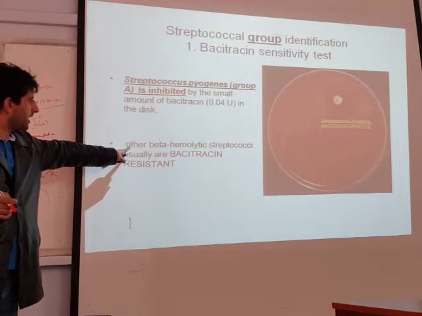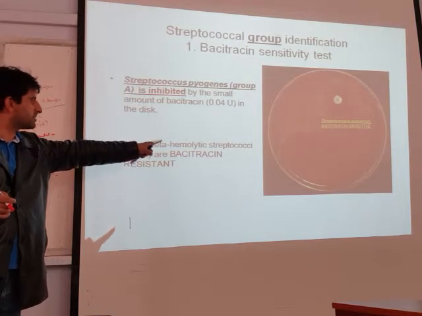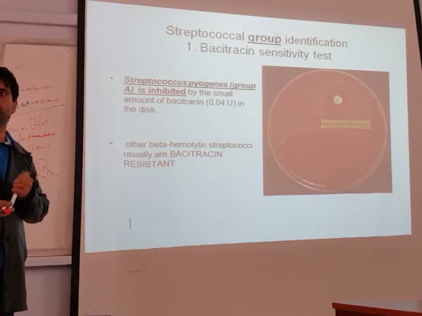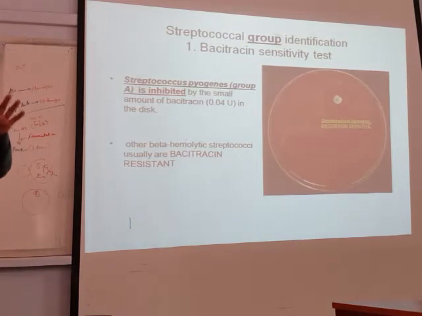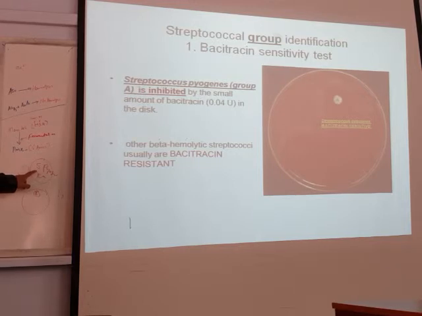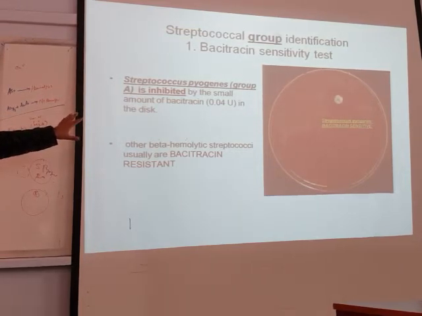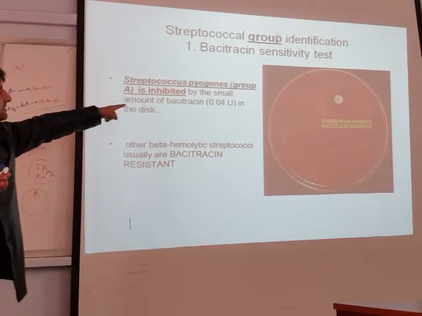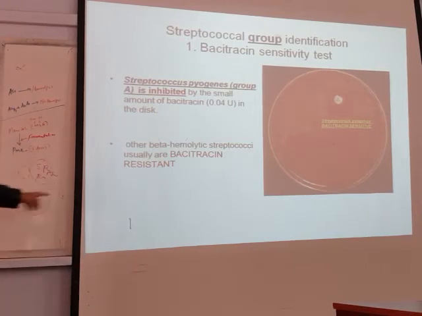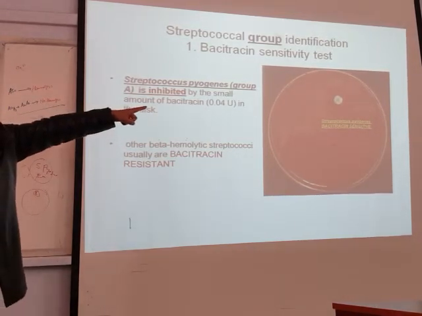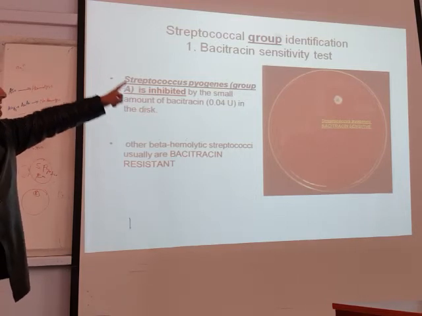Now this point is important. Other beta hemolytic streptococci are usually bacitracin resistant. Pyogenes shows beta hemolysis on a blood agar, which means complete destruction. Second, when you put a disc of 0.04 units of bacitracin, it shows sensitivity, effective against pyogenes.